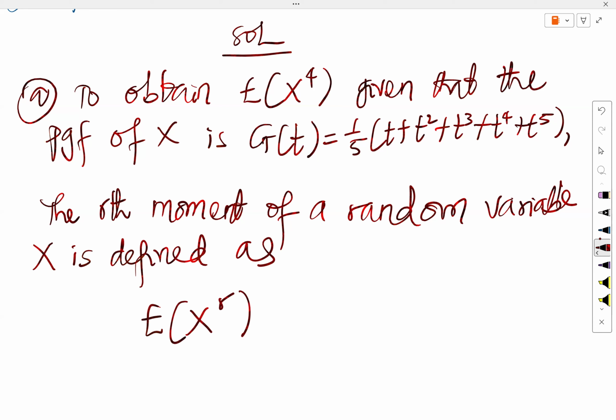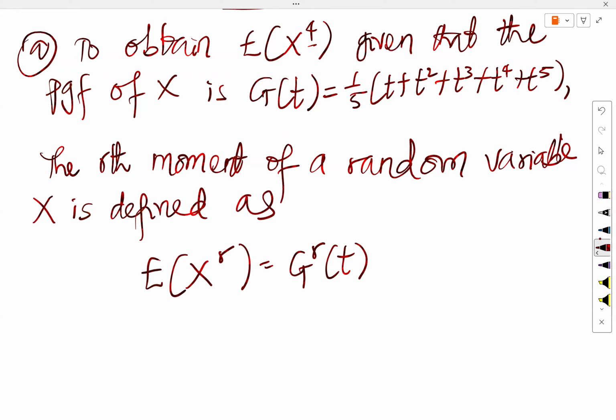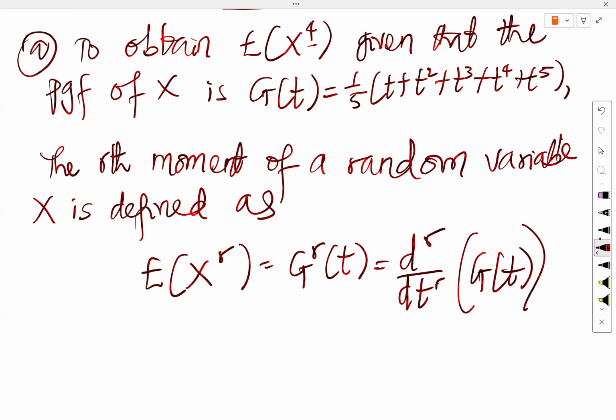So in our case, our r is 4. So the rth moment is defined as the expectation of x raised to power r, and that is the rth derivative of g of t, where g of t is the probability generating function. That means you're going to look for the rth derivative of g of t, and that you will evaluate at t equals 1.